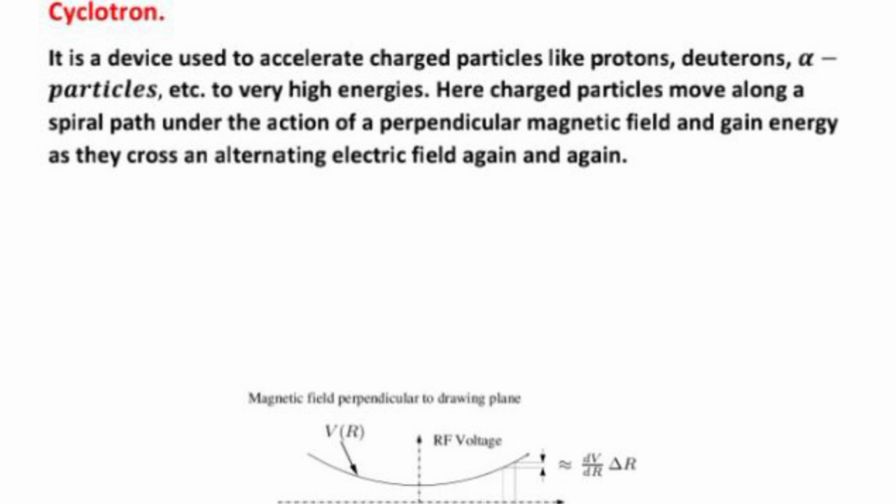Here, charged particles move along a spiral path under the action of a perpendicular magnetic field and gain energy as they cross an alternating electric field again and again.